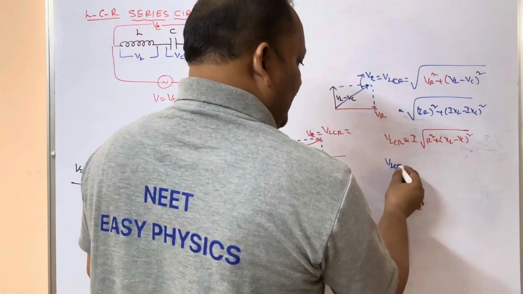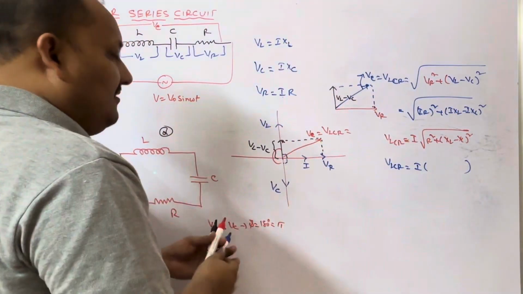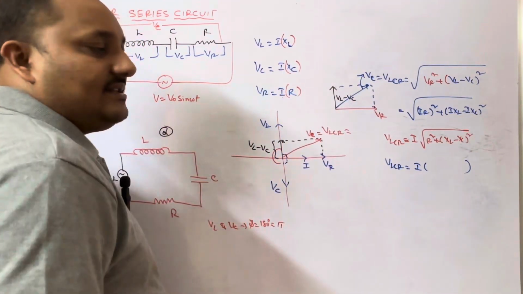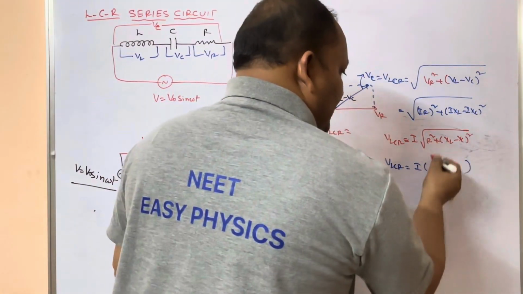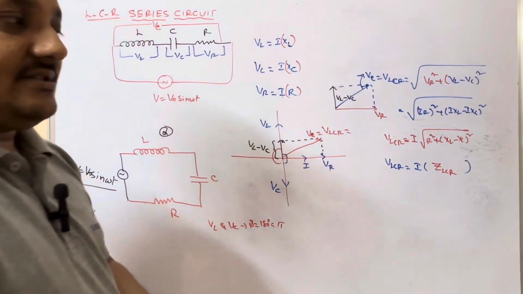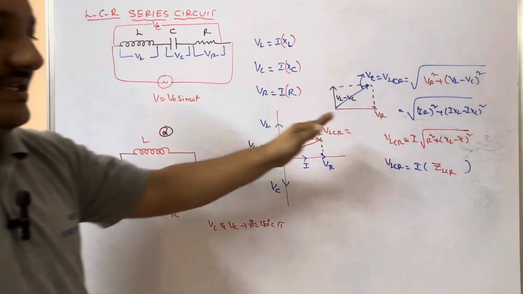Now, the effective voltage across LCR is equal to I into, always we will get which term? I into resistance. Therefore, here also I into resistance. That resistance we are calling Z. That is called impedance. I told you, only one means reactance; more than one means impedance.